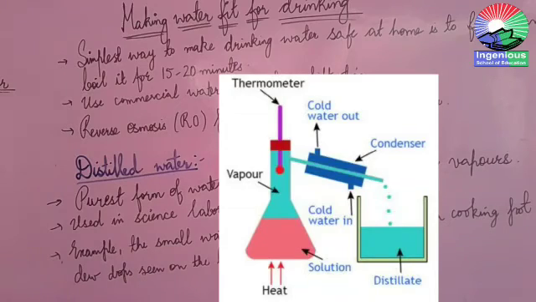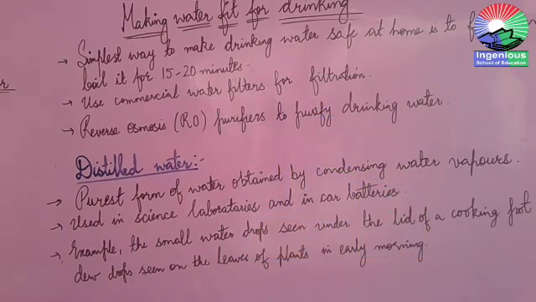On cooling, these vapors change into distilled water, and this process is known as distillation. So it is a process by which we can obtain distilled water, and in this process we condense the water vapors to obtain distilled water.